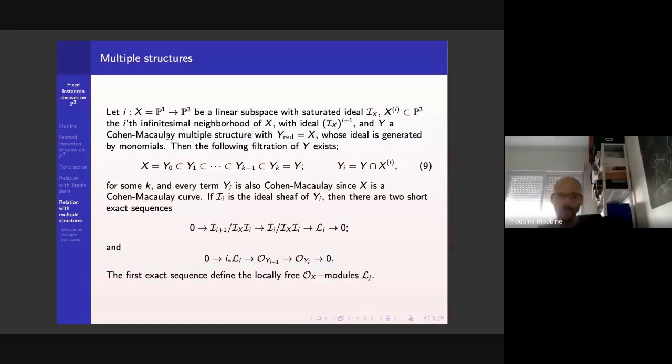And in this case, we will have all the kernels as locally free O_X sheaves. So in this case, P1, we have just locally free bundles on P1, which are sums of line bundles.